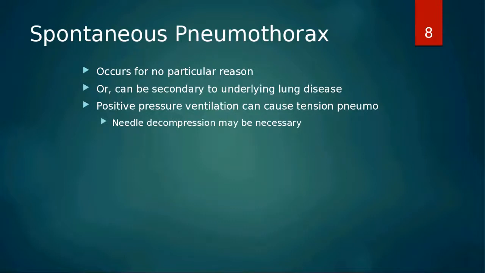And, you know, people may put that off for a day or two. In addition to that pain, the patient's going to have tachypnea, and when you auscultate, you're probably going to hear decreased breath sounds. You may have some resonance when you do a percussion on the chest.